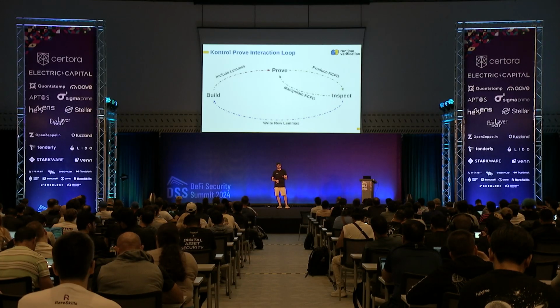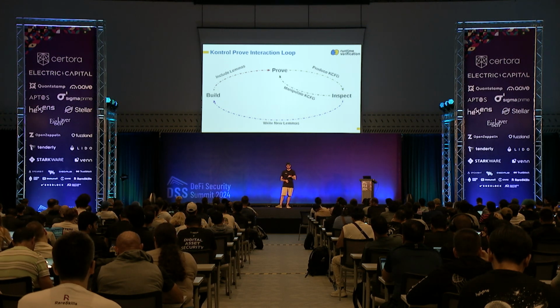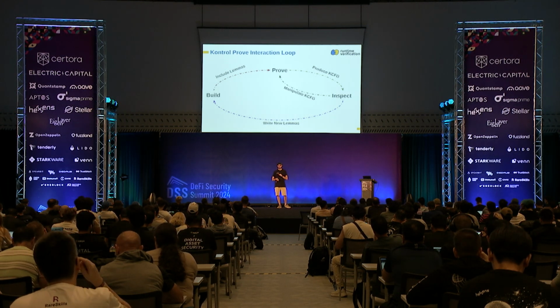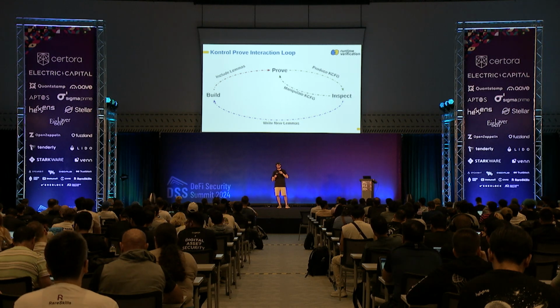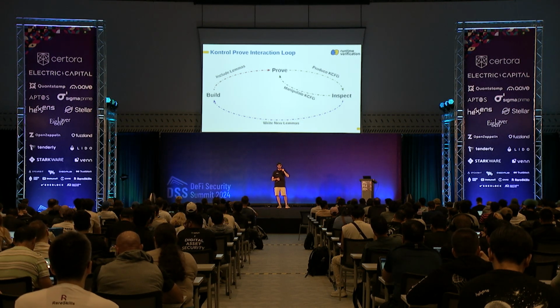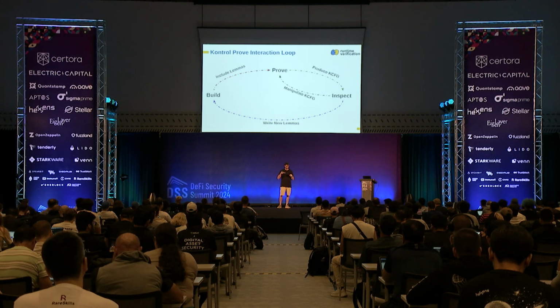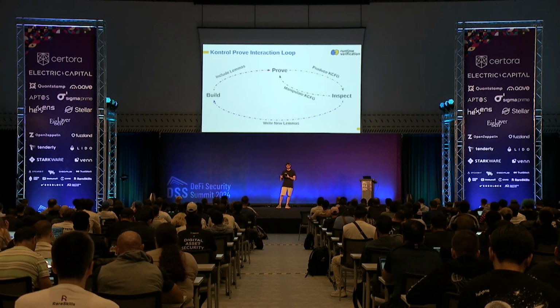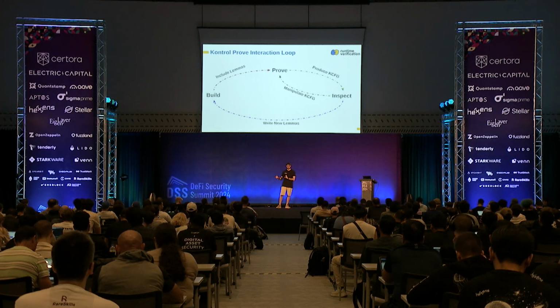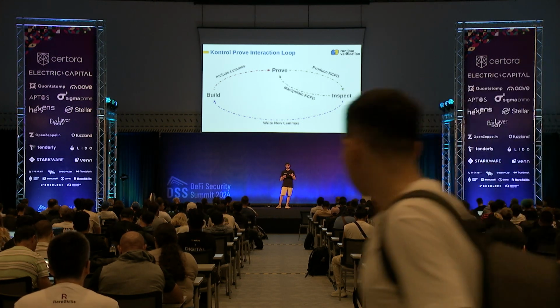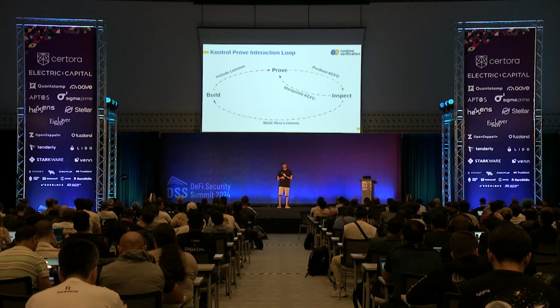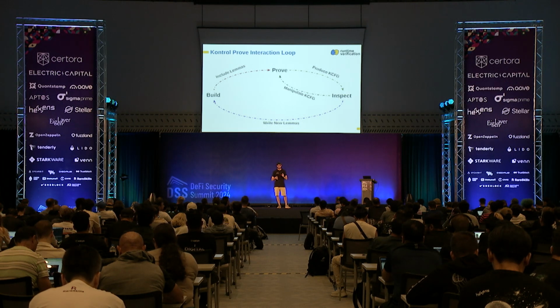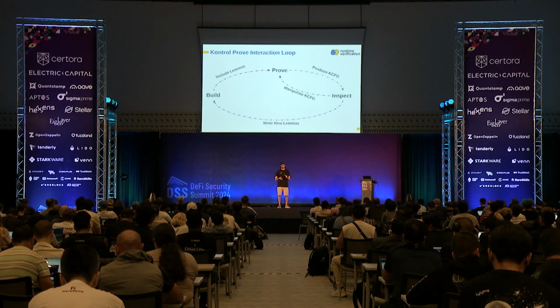And there's a subloop there in which you inspect the symbolic execution tree, and then you can manipulate it. You can say, okay, you did something weird here, and I want to zoom in on this. So there's this cycle in which you prove and produce your symbolic execution tree, which is like the summary of how your function behaves, and then you can inspect this summary that Kontrol produces for you, and gain more insights into what's happening.